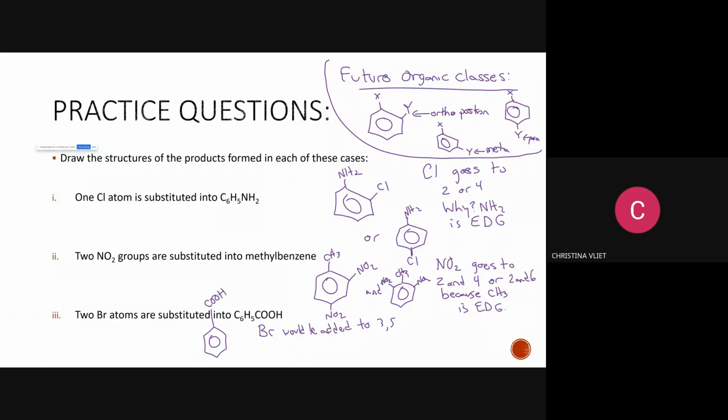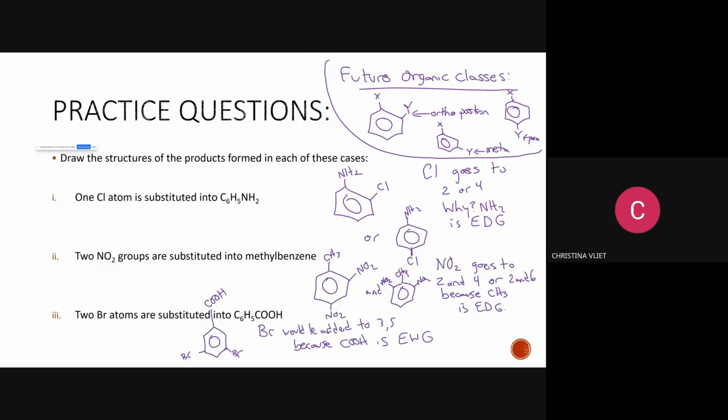Because you're looking at what the carboxylic acid is doing. Is that electron donating or electron withdrawing? Carboxylic acid is definitely electron withdrawing. And so we go here and here.